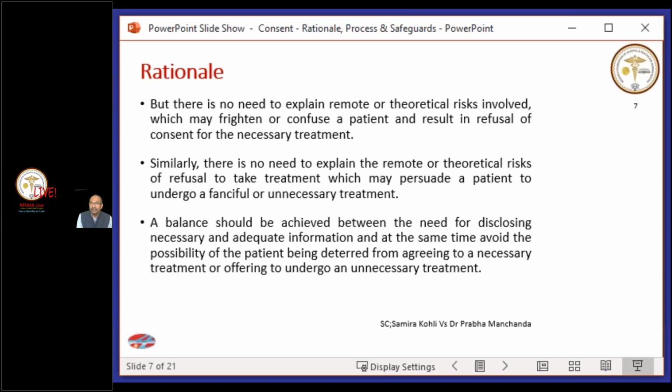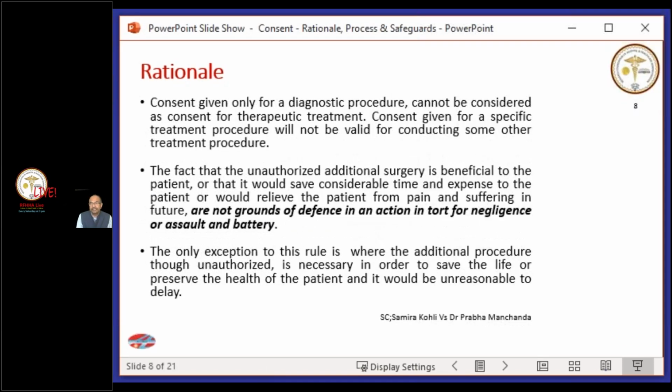A balance should be achieved between the need for disclosing necessary and adequate information and at the same time avoid the possibility of the patient being deterred from agreeing to a necessary treatment or offering to undergo an unnecessary treatment. So these are the bounds that the Supreme Court has stated in their judgment.